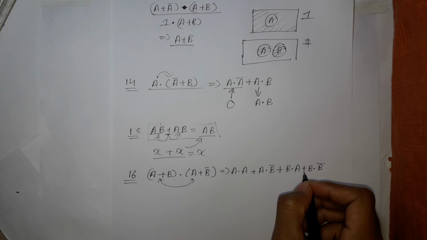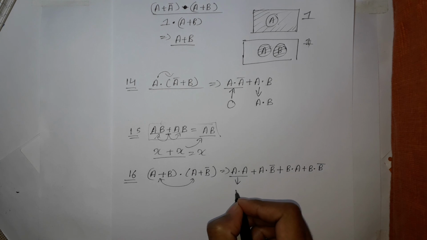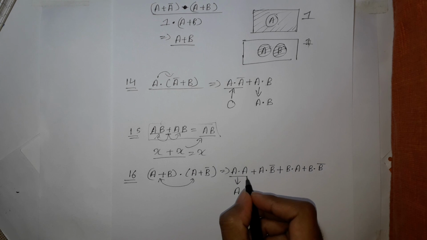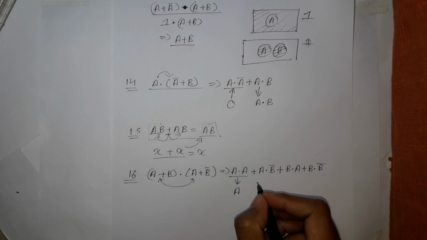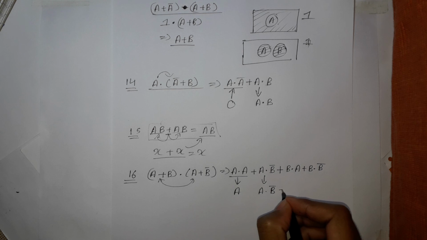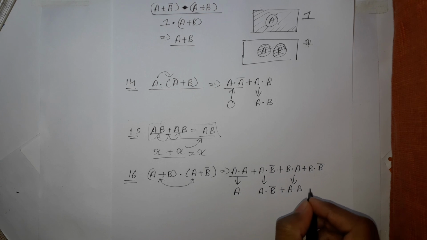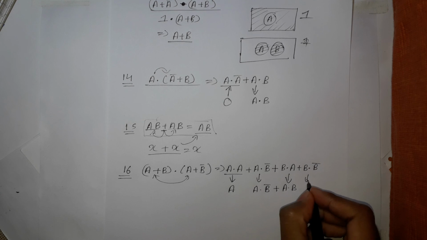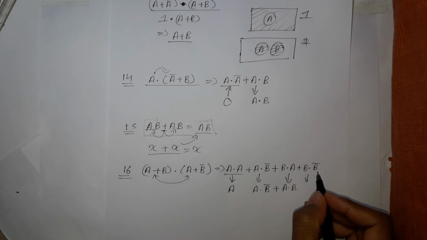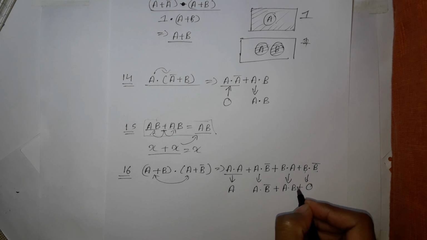Okay guys, now what is this? It is nothing but A, because what is common between A and A? It is nothing but A itself, and this is A dot B bar, and this is A dot B. Dot operator is commutative, and what is common between B and B bar? That is B and outside B. Nothing is common between B and outside B, so this is 0.